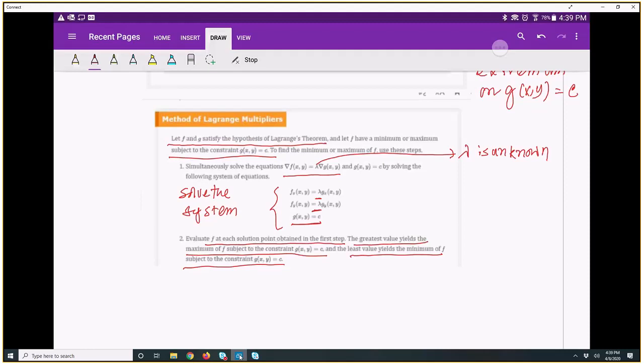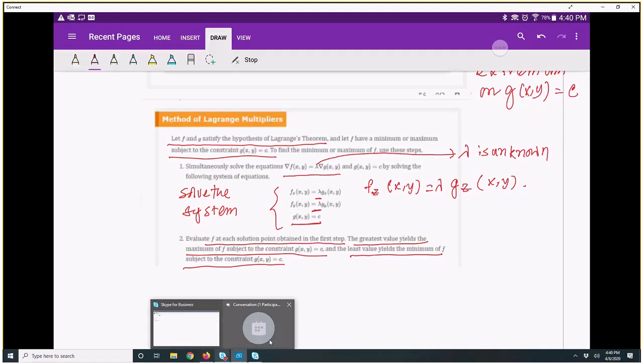If I have more than 2 variables, then I will have one more equation, and that equation is going to be the partial derivative of f with respect to z equal to lambda times the partial derivative of g with respect to z. But I still get a system of equations which I solve, and then I check the value of the optimizable function at each of these solutions to determine the maximum and the minimum. In our next video, we will actually work out Lagrange multiplier problems.